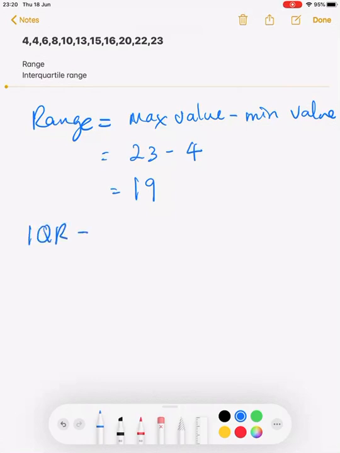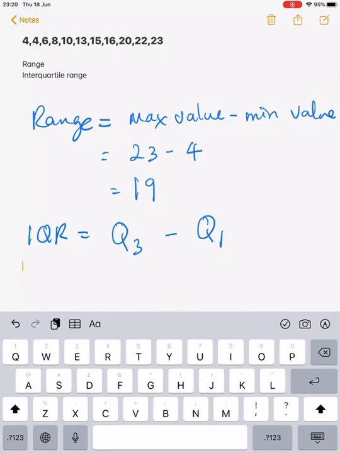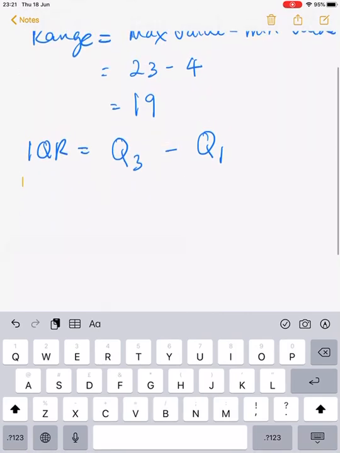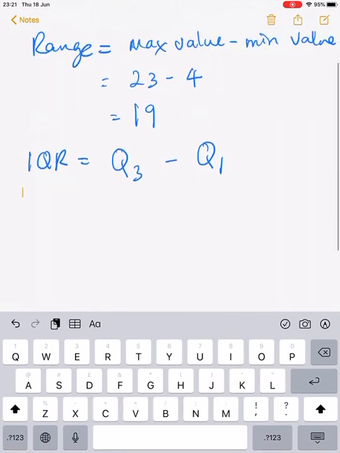Okay, interquartile range, IQR, means you have to first find the third quartile and then find the first quartile, and subtract these two. So what is the first quartile? What is the third quartile? Here we have a data set.